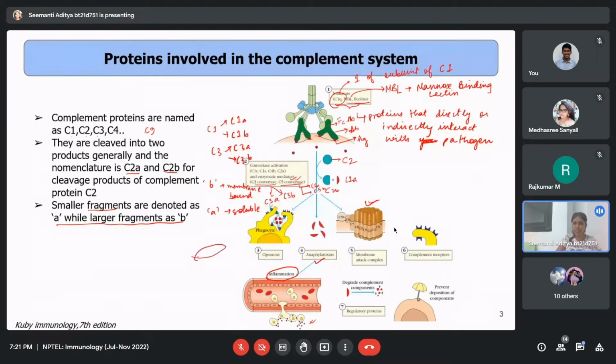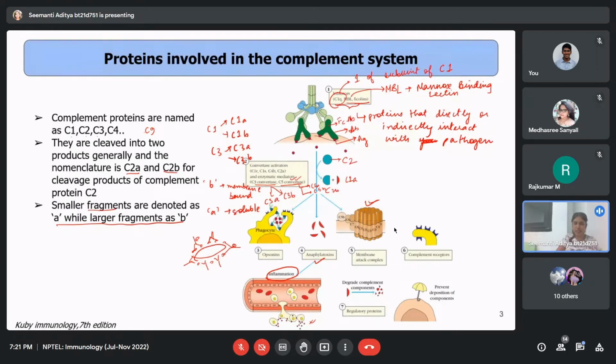So your antigen is coated with antibody and complement protein. These are complement proteins coated on its surface, and these are antibodies which are recognizing your antigen.